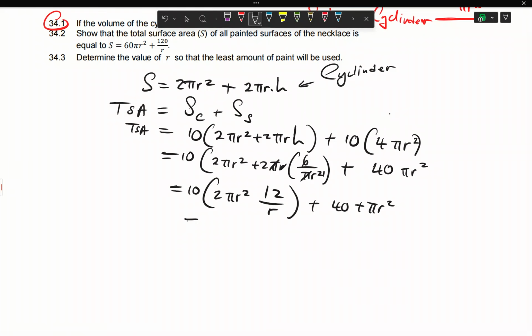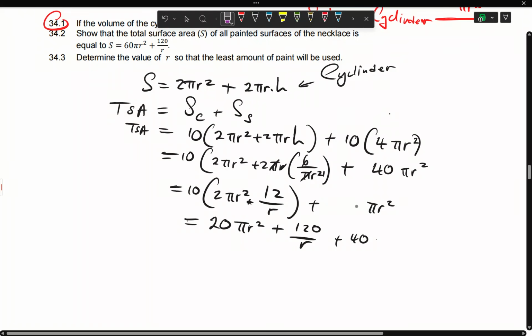10 times 2, that's 20 pi r squared. And 12 times 10, that's 120. So I have a positive, remember, so 120 all over r plus 40 pi r there.